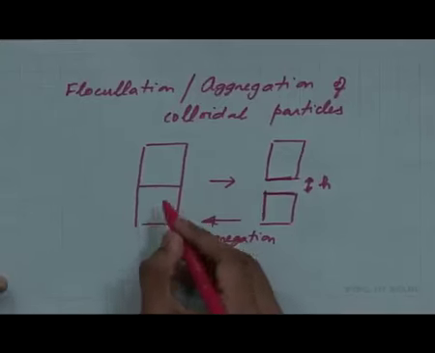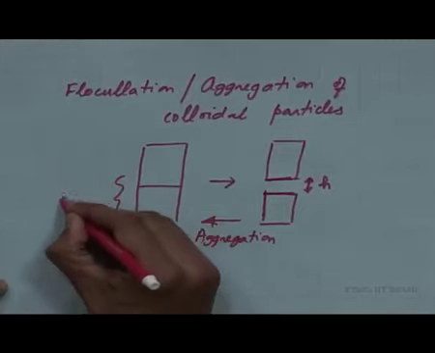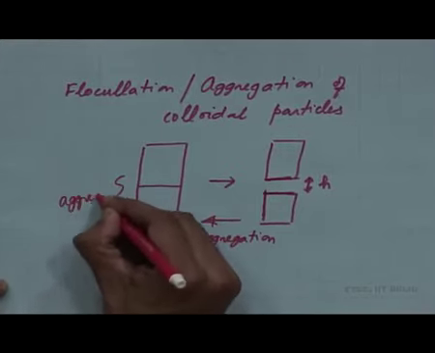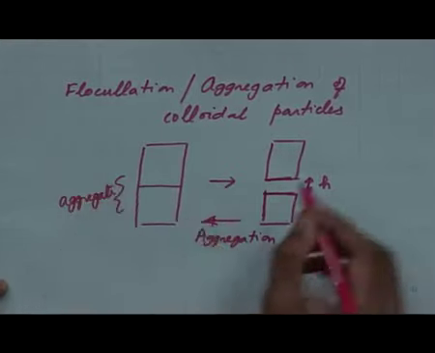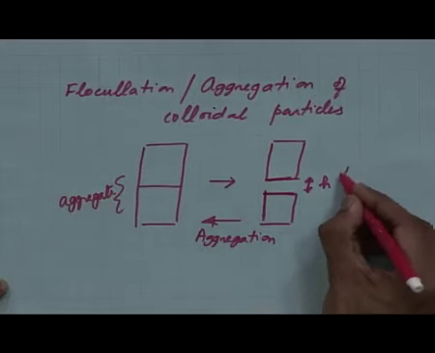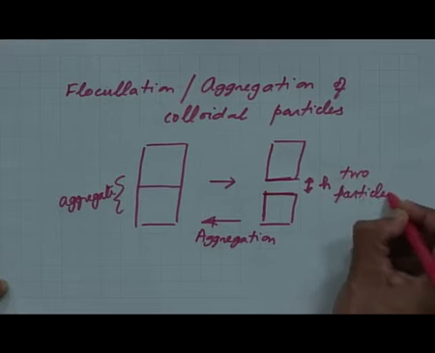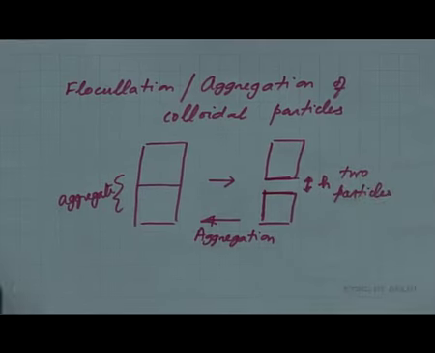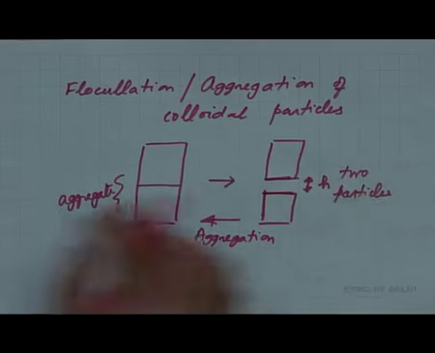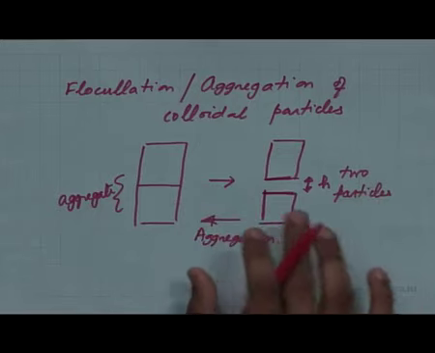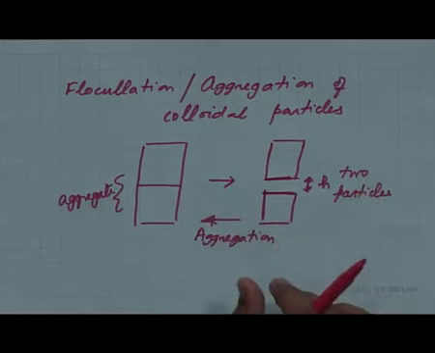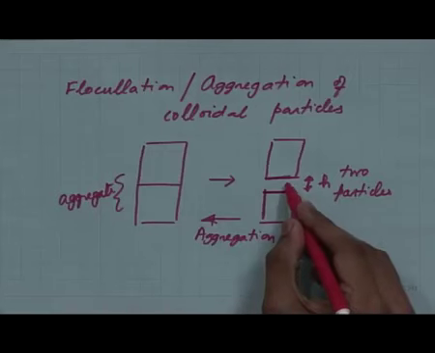So, you could think of this as an aggregate particle and this as two particles, and this is the process that happens when colloidal particles aggregate. And we would like to understand the chemistry or the physics or the energetic requirements that are involved when such a process happens.